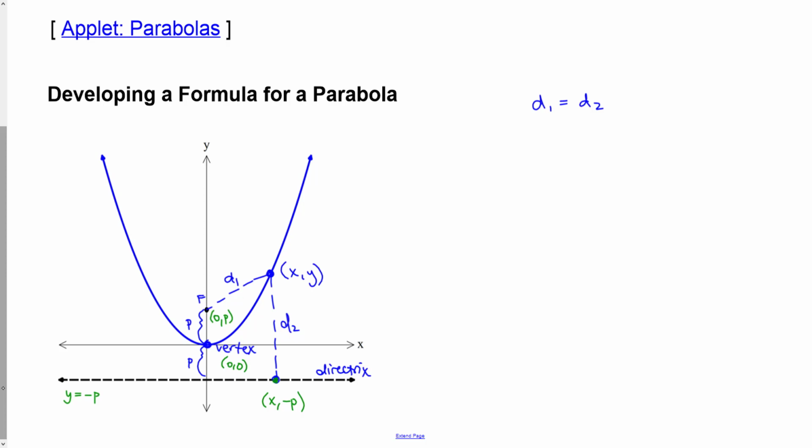So d1 is the distance from the focus point to xy. So I'm going to write that as the square root of x minus 0 quantity squared plus y minus p quantity squared. The focus is at 0, p, and that point on the parabola is xy. I'm just calculating the distance between those two.